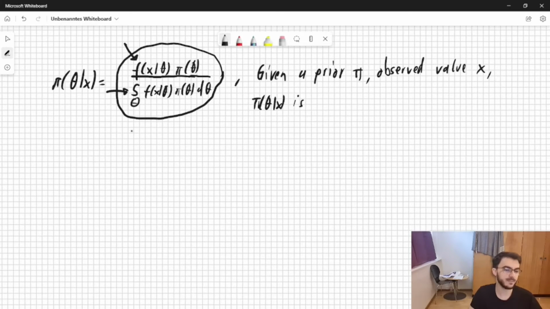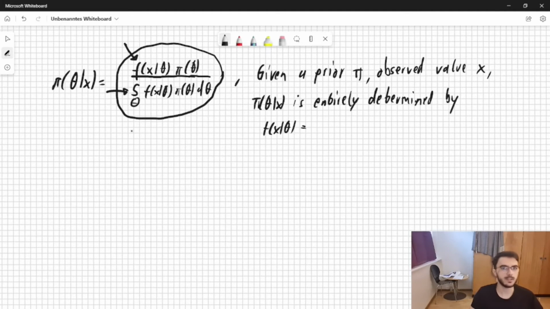And the numerator is defined by pi of theta, which we already know, and then by the sampling distribution of x given theta. So this is entirely determined by the value which is taken.